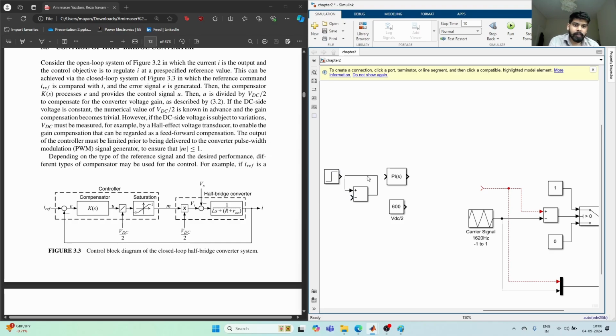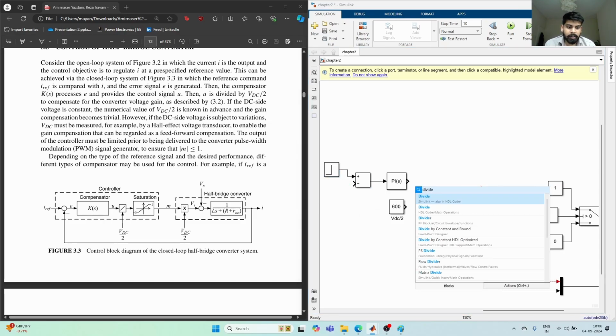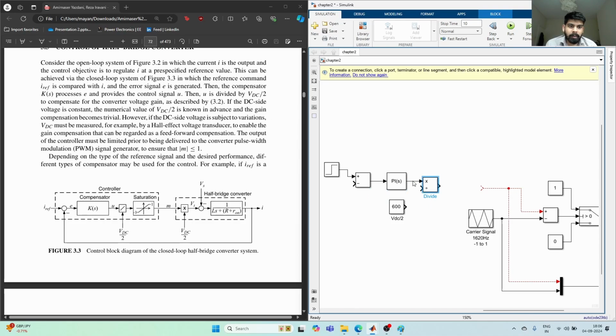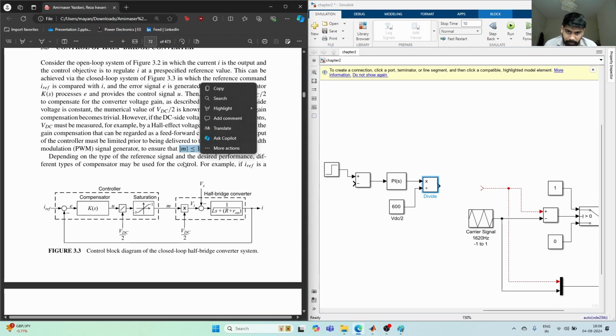So we'll put it here, divided by this. So we'll take divide. If you see the equations in the previous chapter, it says that the magnitude of m has to be less than or equal to 1. So its span is from -1 to 1 basically.